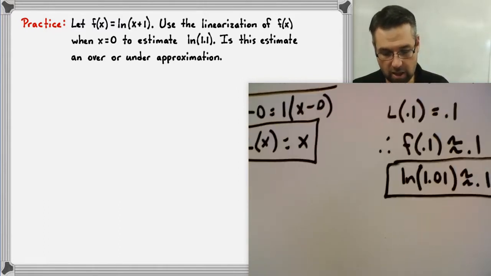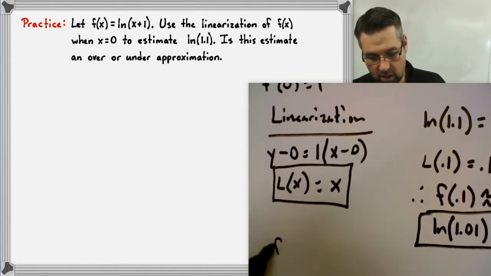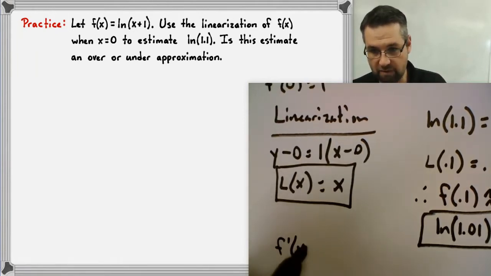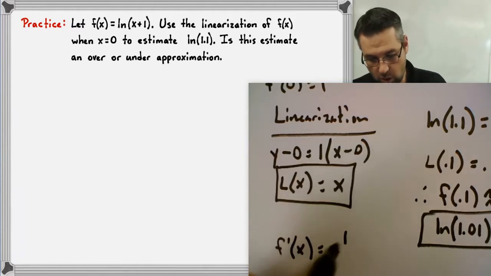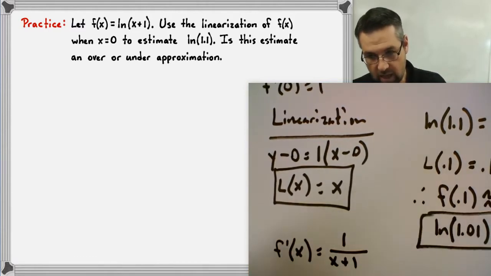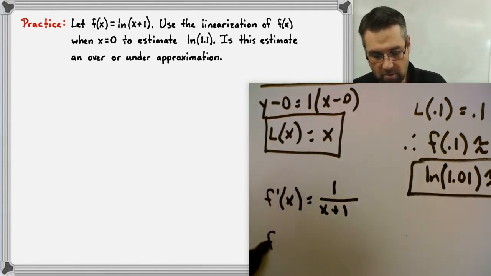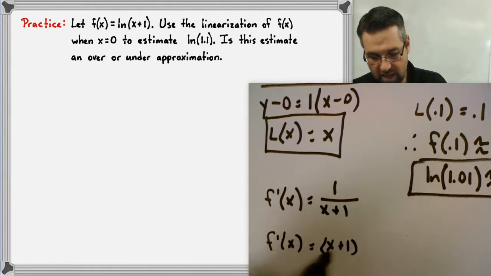Well, that's based on concavity. So how do I find concavity? I have to deal with the second derivative. So f prime of x was equal to 1 over x plus 1. And then in order to take the second derivative, you could do the quotient rule. But before we do that, I like rewriting this as x plus 1 to the negative first.